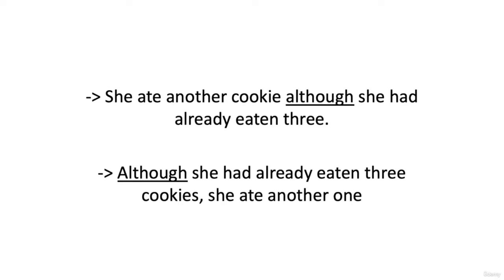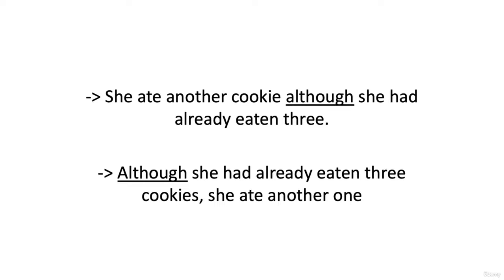Although is used after the main clause, so there is no comma. In the second example, although she had already eaten 3 cookies, she ate another one. The subordinator "although" is at the beginning of the sentence. Therefore, we must use a comma between the main clause and the dependent clause.